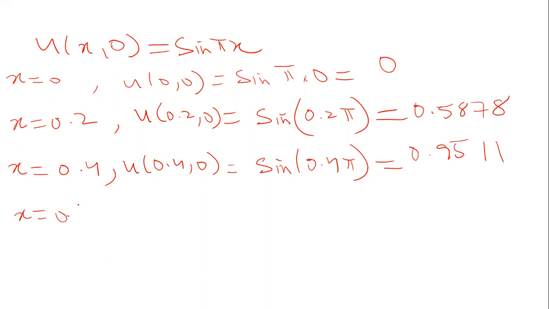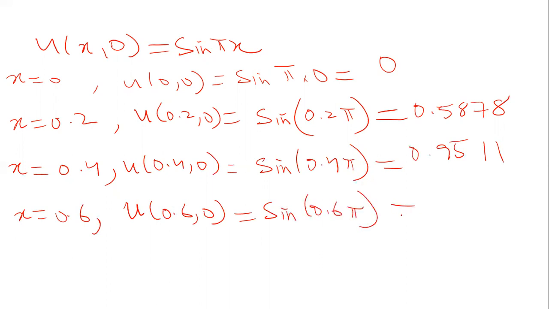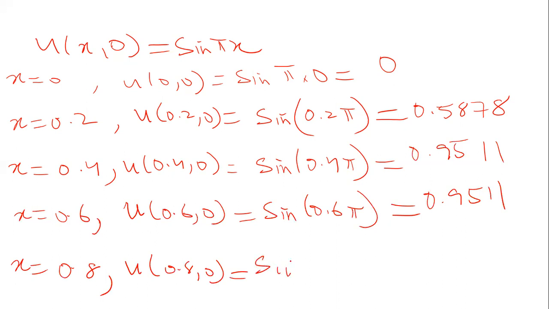For x equal to 0.6, u(0.6, 0) is sine 0.6 pi. Sine 0.6 pi is again 0.9511. For x equal to 0.8, u(0.8, 0) is sine 0.8 pi.